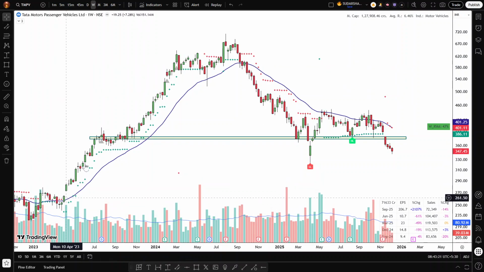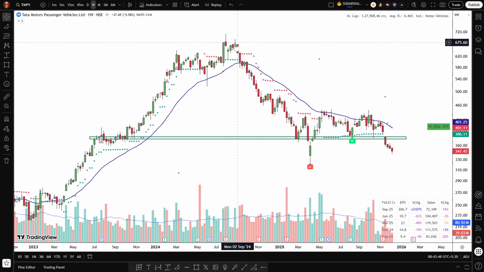Here the price went nicely on the EMA, and again it got consolidated, and again it breached the EMA. If you are an investor or position trader, this is the line you should have respected, and you should have exited whatever positions you have, because in spite of all this bearishness, it got further accelerated.